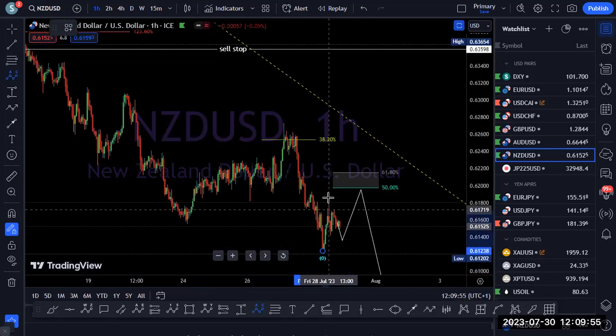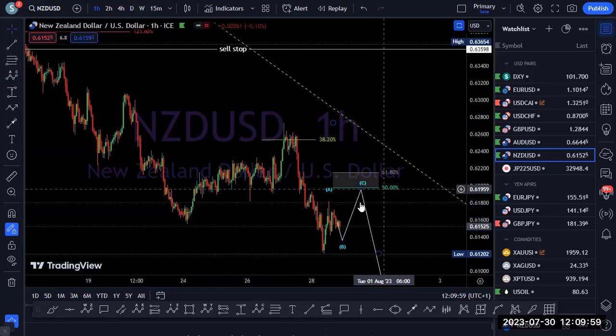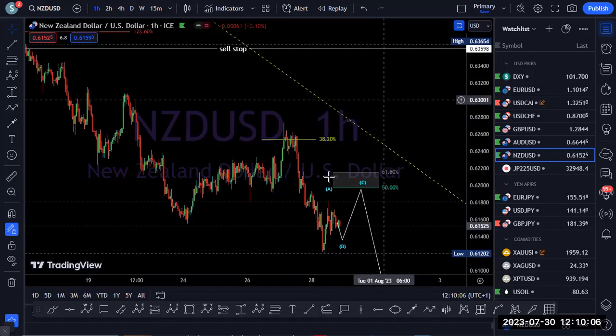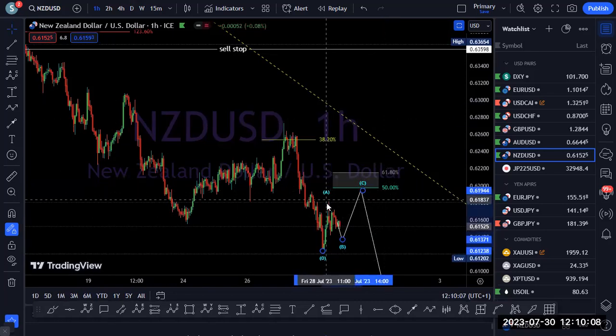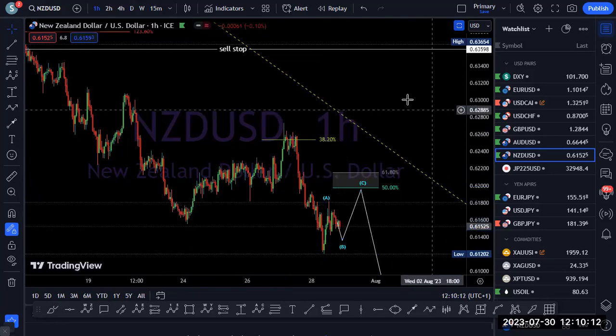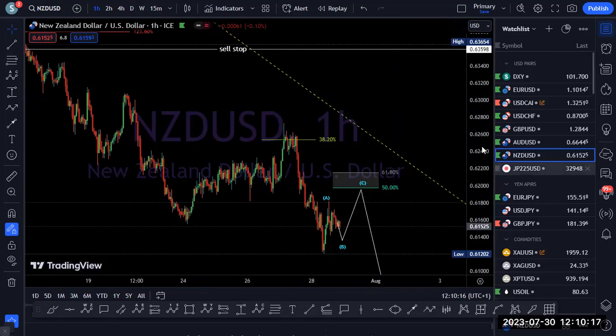Okay, A, B, C. If you get the ABC, then that's all. I will sell. But I will get a nice setup because I don't want to lose. If you're following me diligently, you hardly lose trades.